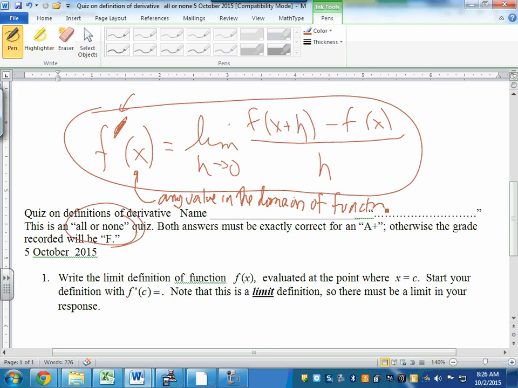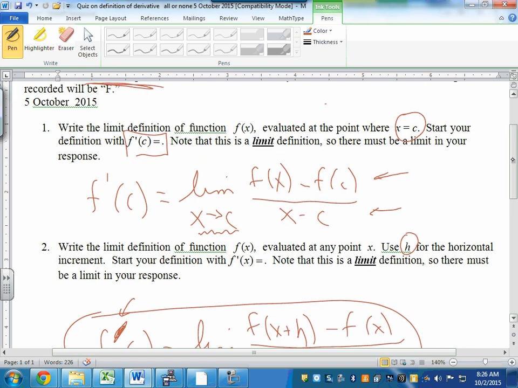And for the first one, the c represents a particular value in the domain.